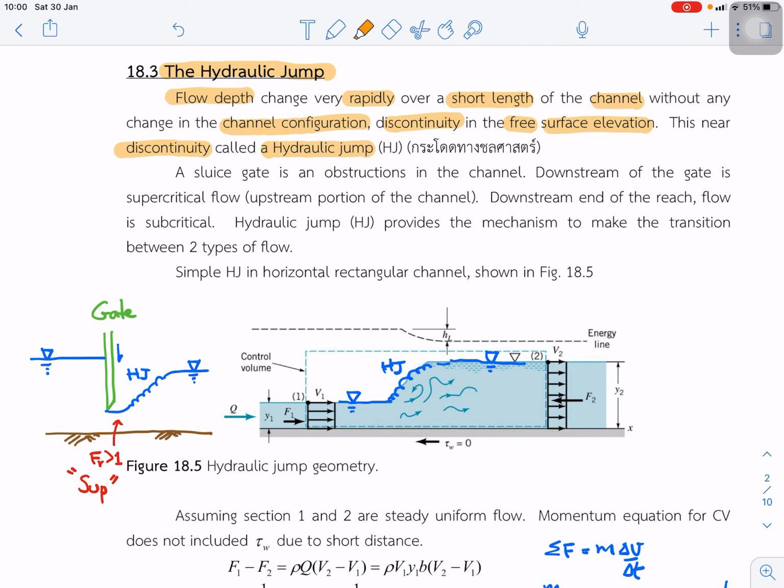The other case is the sluice gate case, an obstruction in the channel. Downstream of the gate is the supercritical flow.